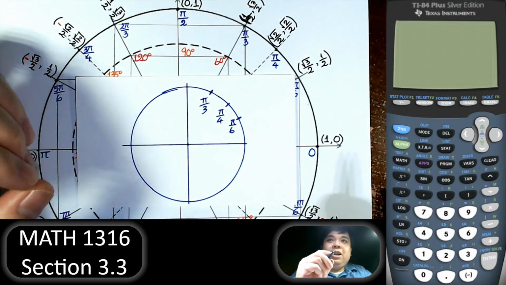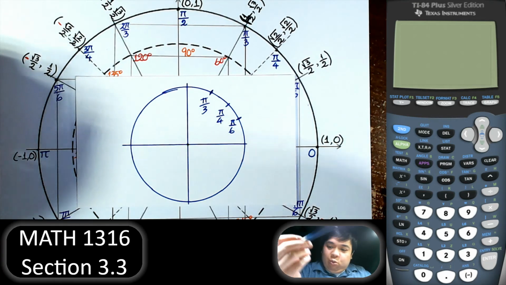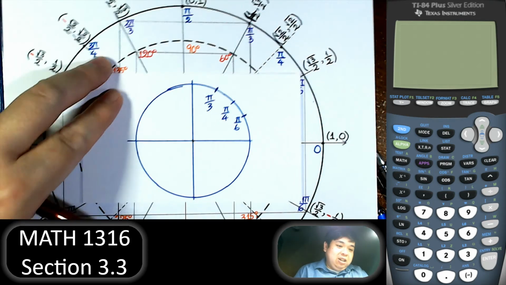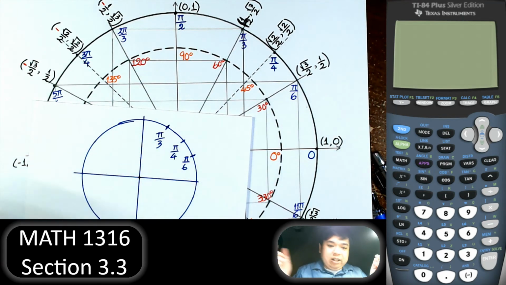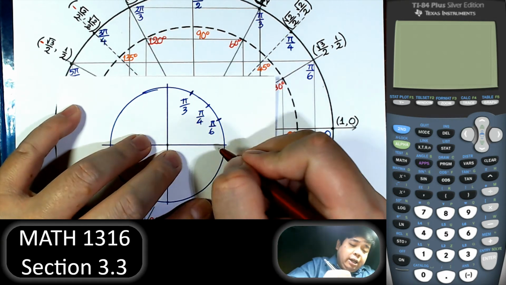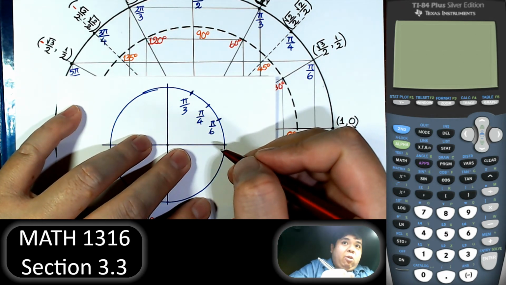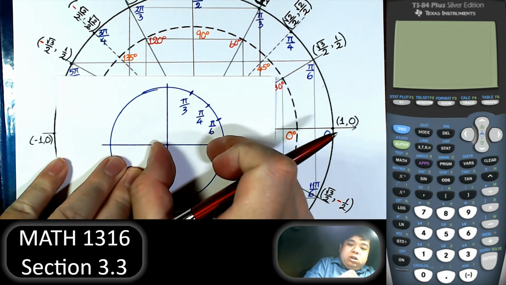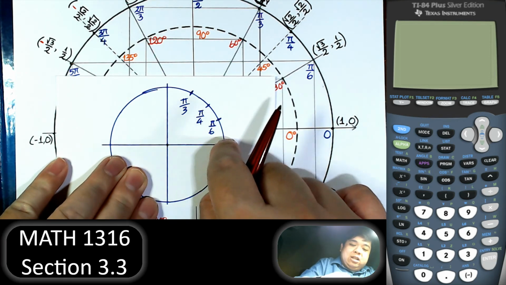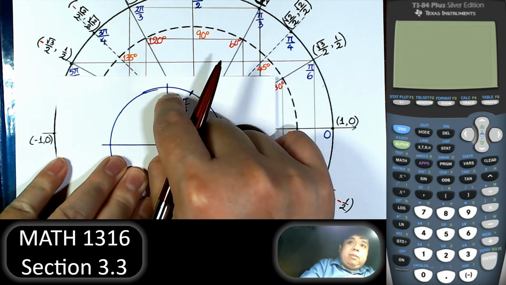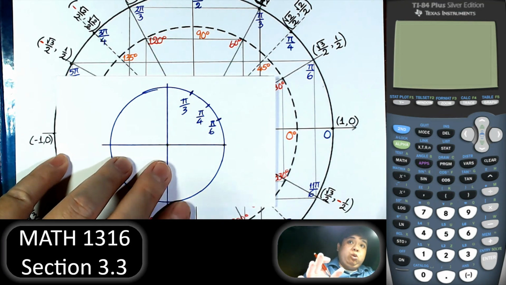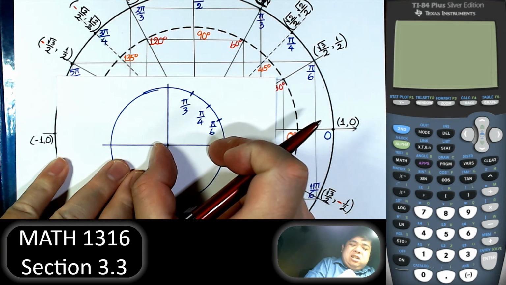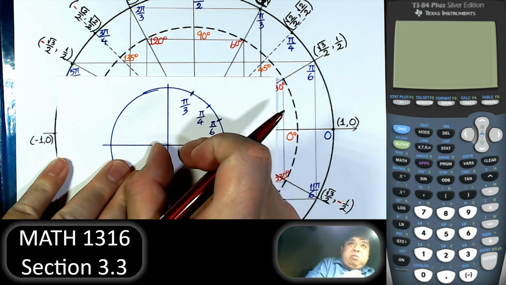Back when I studied this in high school, there was no internet yet, and I didn't have the right hand trick. Here's what I did. Let's look at the x values first. This one is the biggest x value. It gets smaller and smaller as it goes along. So the x values decrease. Start with 1, and then pi over 6 will be a little less, pi over 4 even less, pi over 3 less than that.